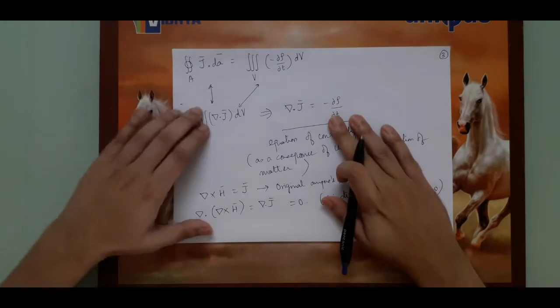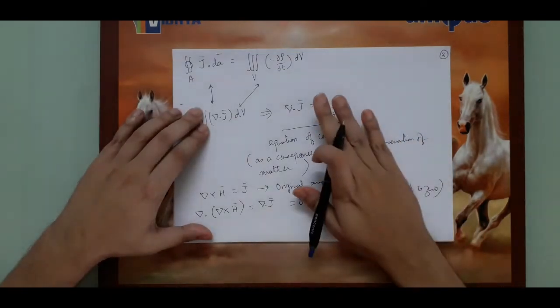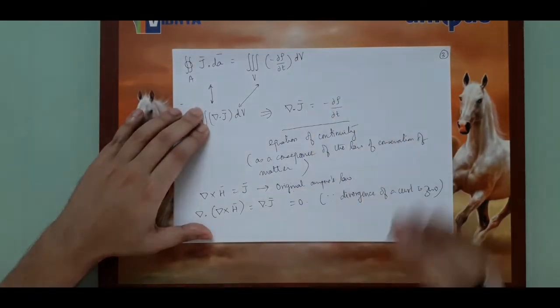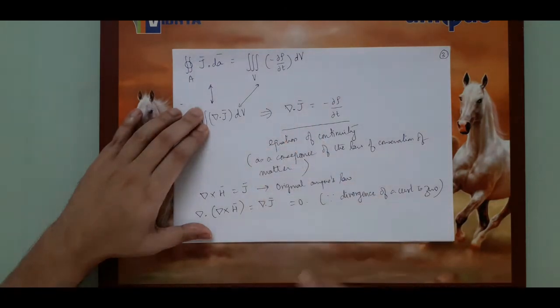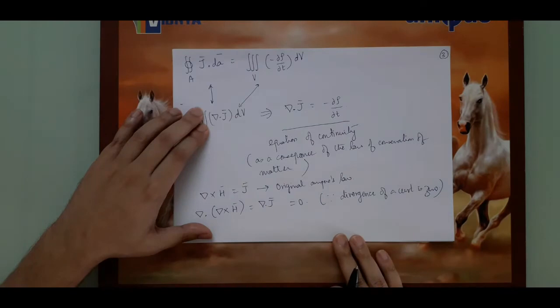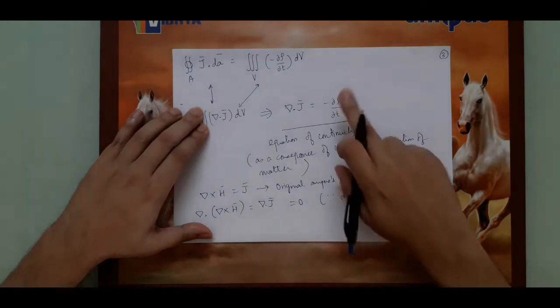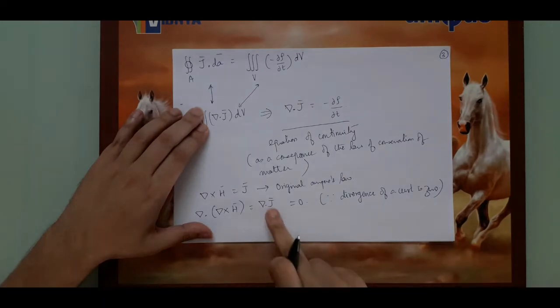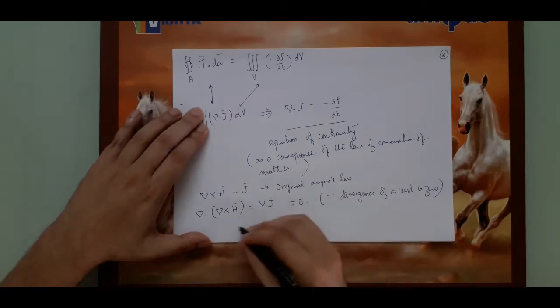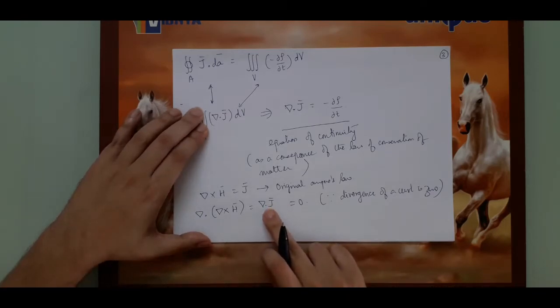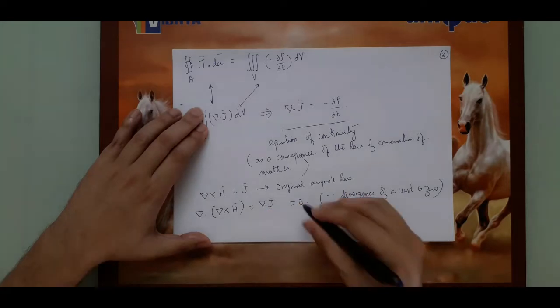So Maxwell said, okay, since this equation of continuity depends on the law of conservation of charge or matter, this has to be correct. So he said, no, this cannot be true. Therefore del dot J cannot be zero.